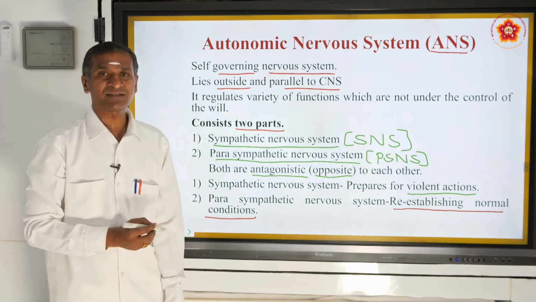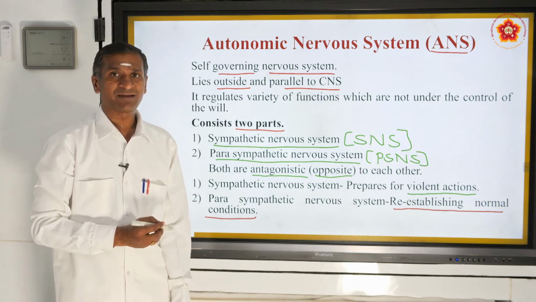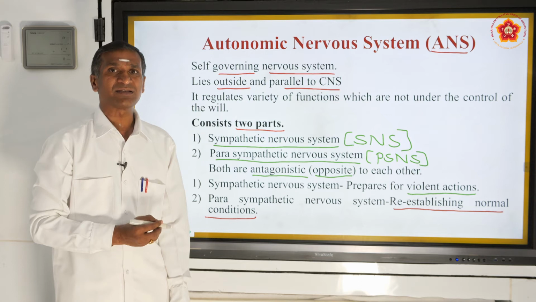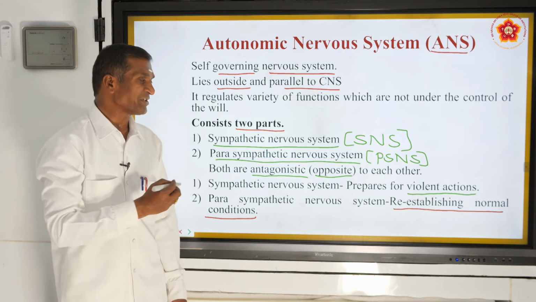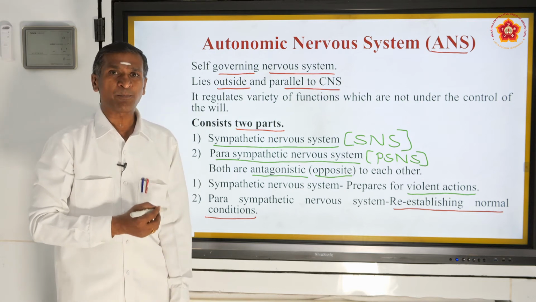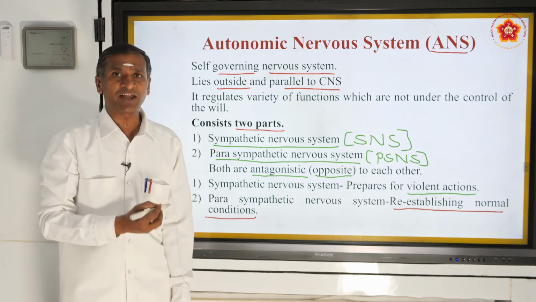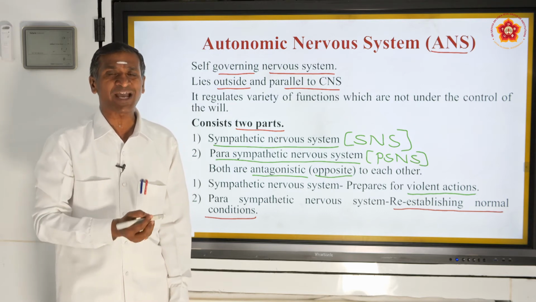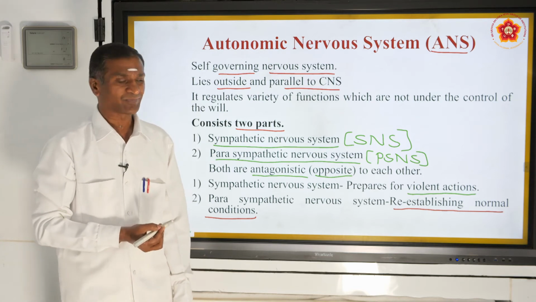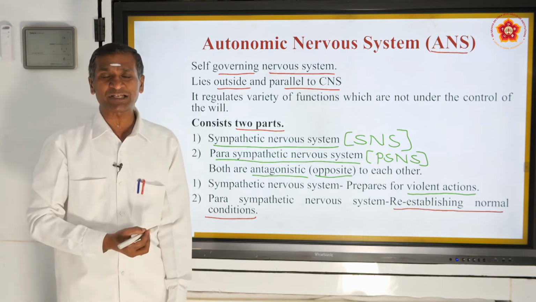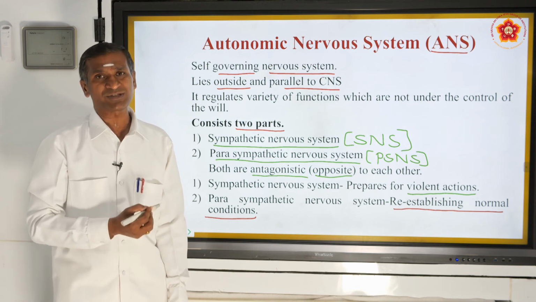A very important point about the autonomic nervous system. It's self-governing and it has 2 parts, the sympathetic and the parasympathetic. Whereas in the sympathetic nervous system, all abnormal reactions to the stimulations will always be either violent or in a very depressed mood also. And the parasympathetic nervous system brings back to the normal condition all those responses.